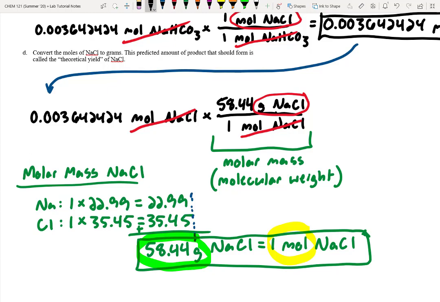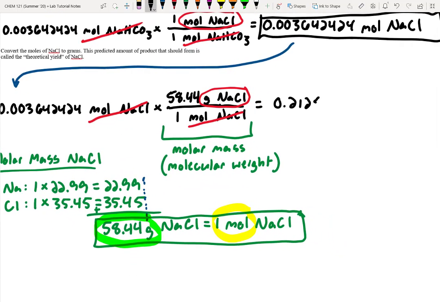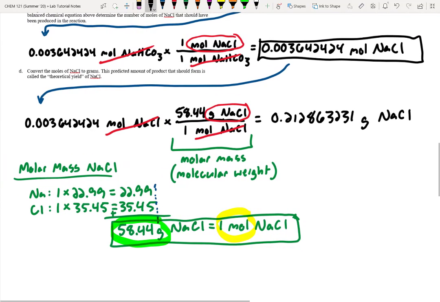If I go ahead and do this, I'm getting 0.212, and I'm going to include all my numbers, 863231 grams of NaCl.